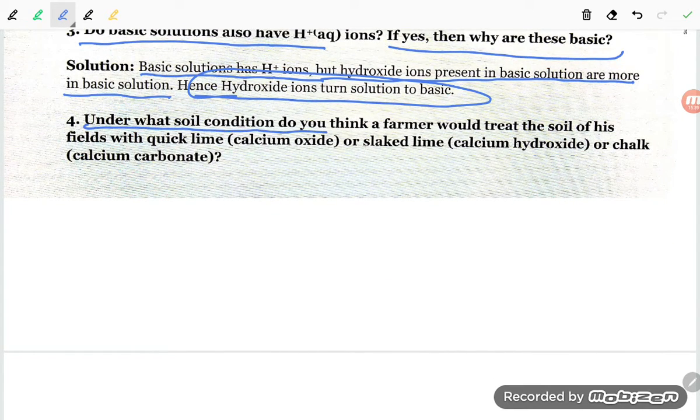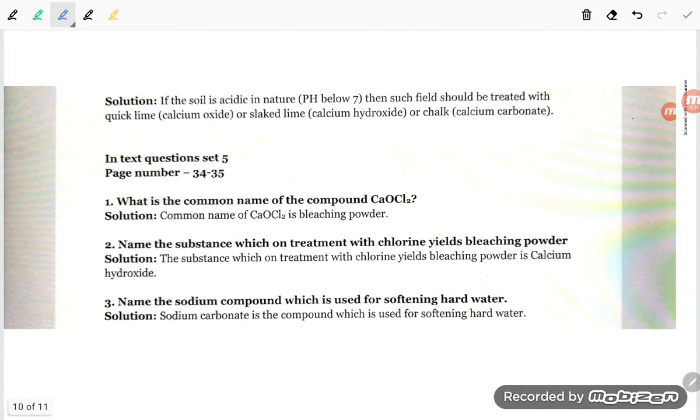Under what soil condition do you think a farmer would treat the soil of the field with quicklime, calcium oxide, slaked lime, calcium hydroxide, or chalk, calcium carbonate? Let us see, student. If the soil is acidic in nature, pH below 7, then such fields should be treated with quicklime, slaked lime, and chalk.